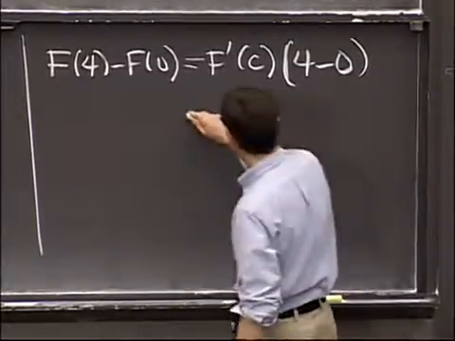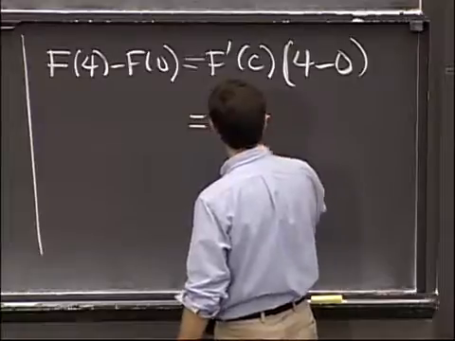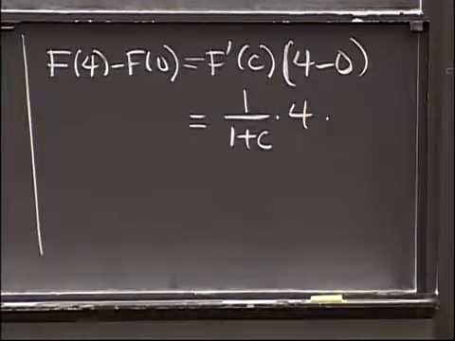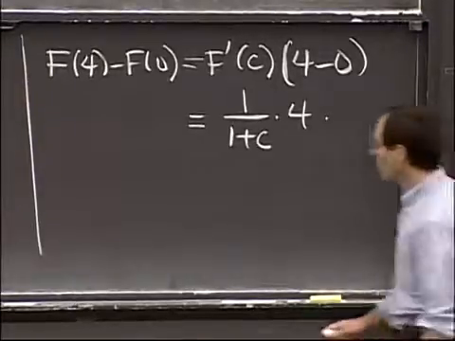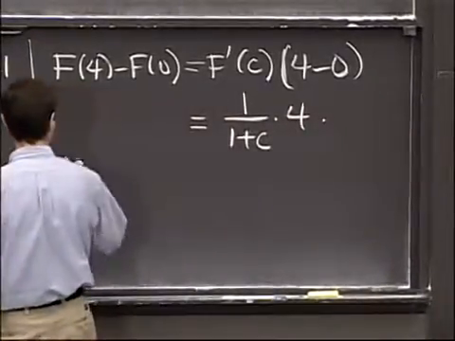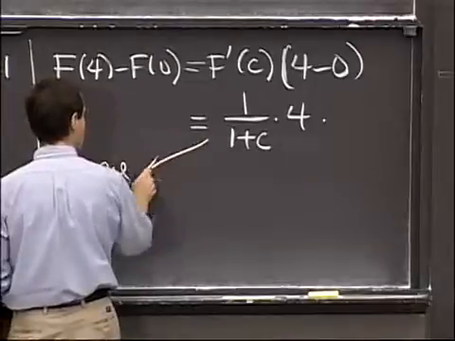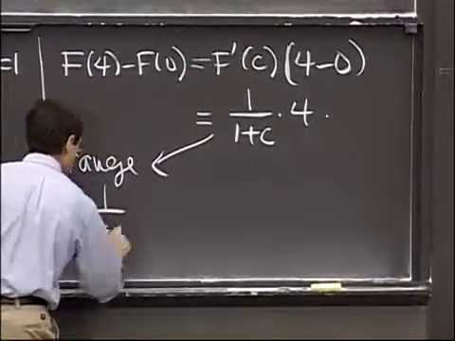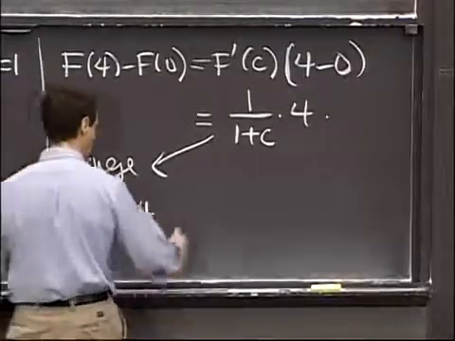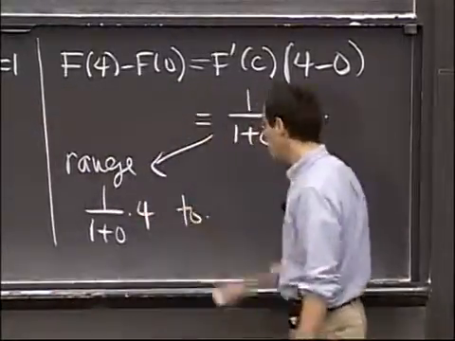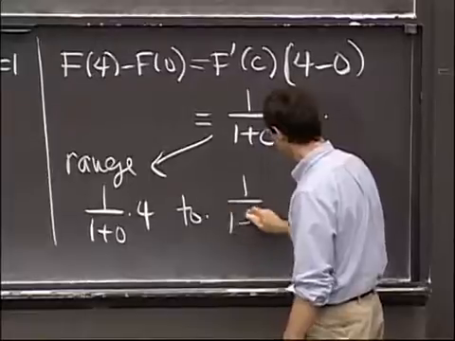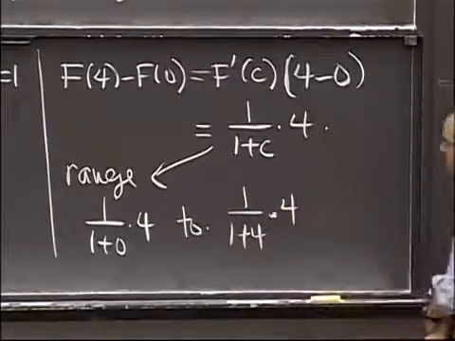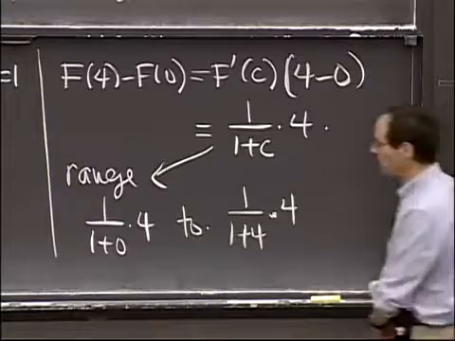And that's the same thing as 1 over 1 plus c times 4. And so the range of values of this number here is from 1 over 1 plus 0 times 4, that's 4, to, that's the largest value, to the smallest that it gets, which is 1 over 1 plus 4 times 4. All right, that's the range.